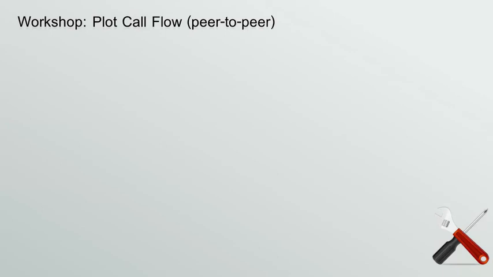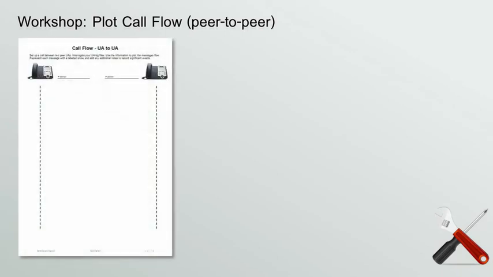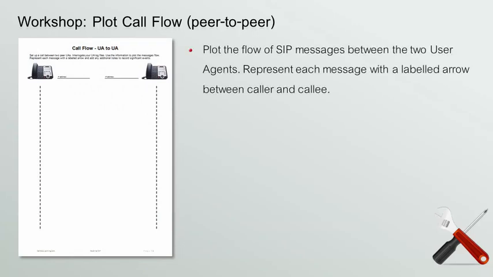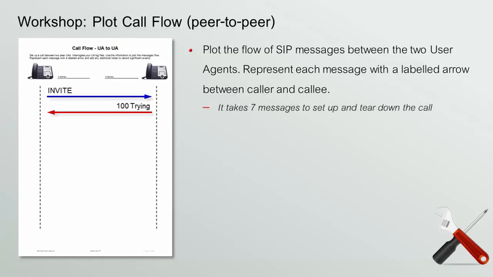How about you spend a minute or so now familiarizing yourself with the call log and the messages inside it. Take a piece of paper and draw 2 vertical lines that represent the 2 user agents, then plot the flow of SIP messages between them, representing each message with a labeled arrow. The first is an invite from Alice to Bob, and the second is a 100 trying from Bob to Alice. You should find 7 SIP messages altogether.